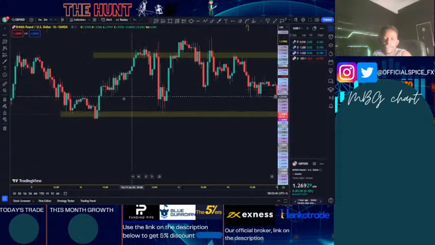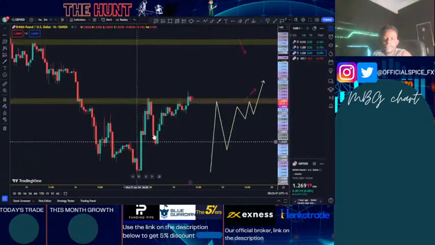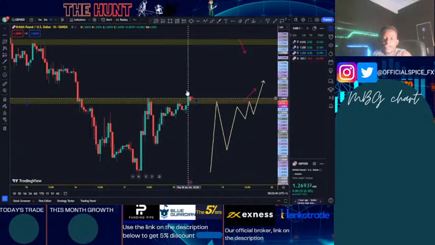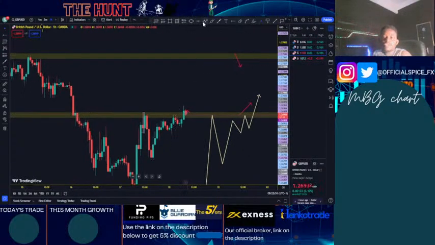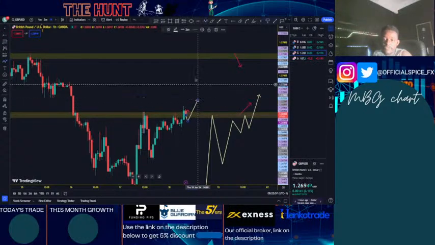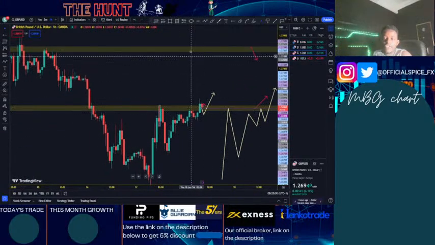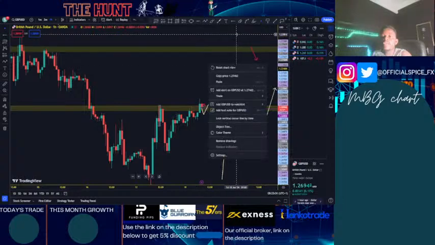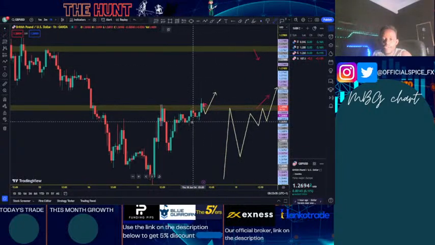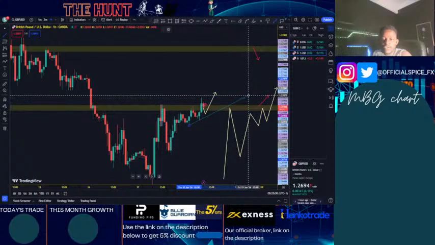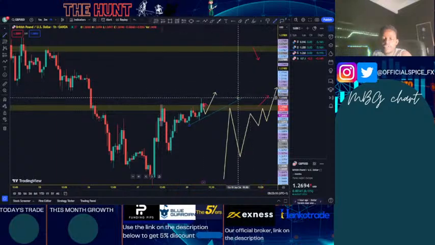If you look at the key level right here, price already broke above it, which could easily mean that price is going to have a little retracement back down to this point right here, and then a continuation up. And we can also see that we have a channel that has been formed at this point right here. This is the channel that has been formed right there.